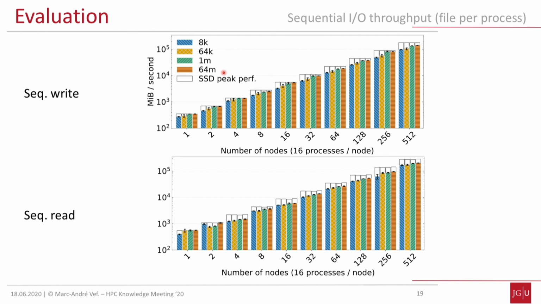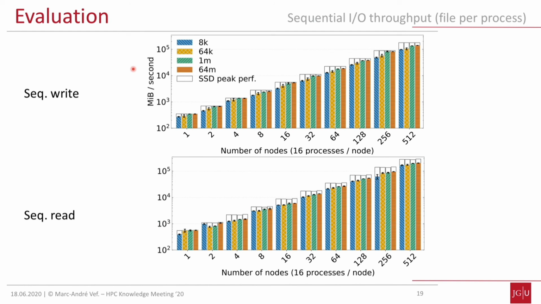In addition, each bar has the theoretical accumulated SSD performance if we would combine the performance of all nodes together. This way we can see how much throughput is lost just because we are working in a distributed way. On the y-axis, we have the megabytes per second, again on a logarithmic scale.